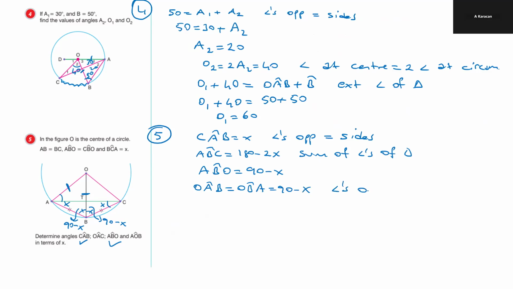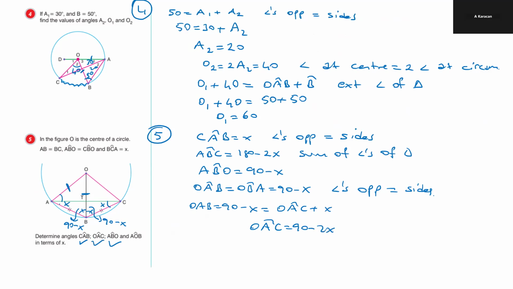Reason is angles opposite equal sides. So if OAB is equal to 90 minus x, that also equals OAC plus x. From this, OAC will be equal to 90 minus 2x.